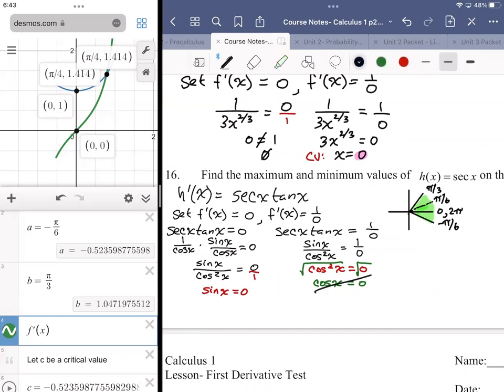So this could never be the case, because based off of the diagram I drew, there's never an instance in which that shaded region comes in contact with the y-axis. So I'm only concerned with the first bit. The sine of x equals 0 on that interval only happens when x is equal to 0. And that's verified by the diagram here.